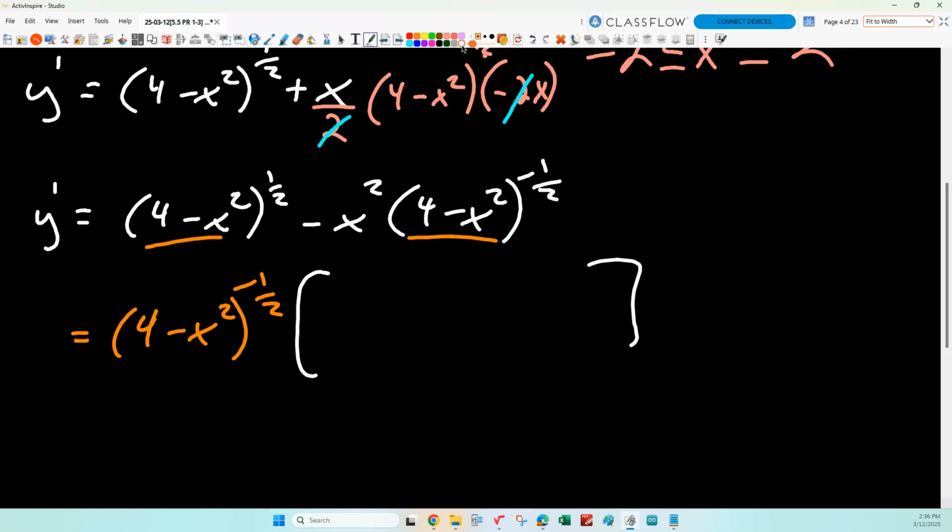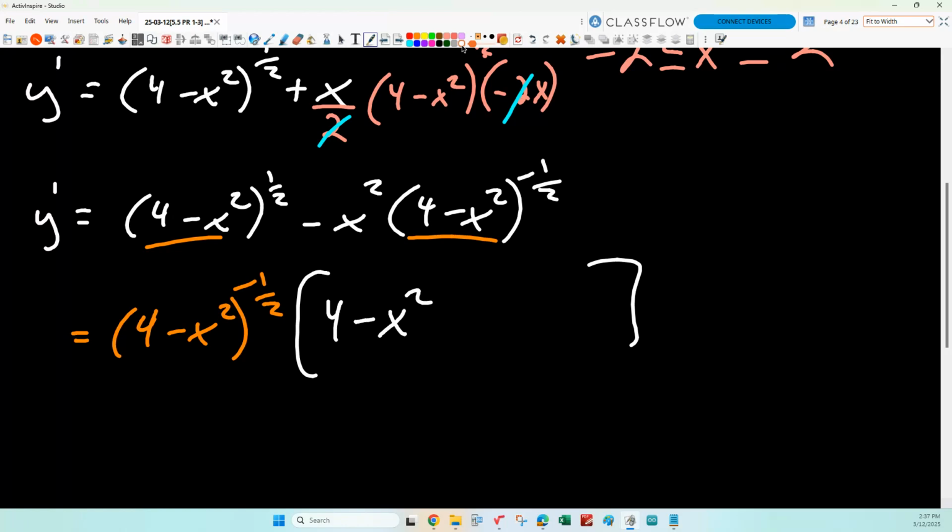4 minus x squared, right? Because this is going to give me what's left behind. If I factor out a 4 minus x squared to the negative 1/2, I'm left with that base to the 1/2 minus negative 1/2, right? Which is 1. And that shouldn't be surprising, right? We know it works that way because these differ by 1. So one of them is going to go away and one of them is going to have an exponent of 1.